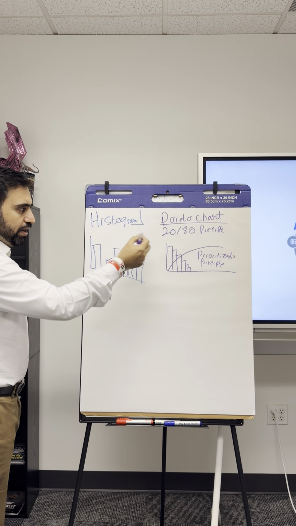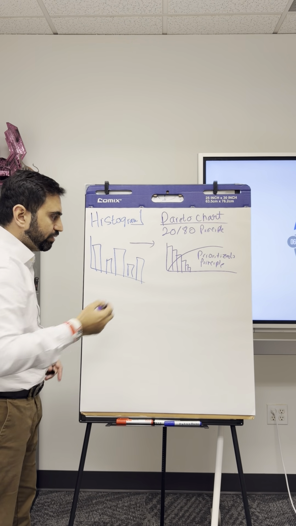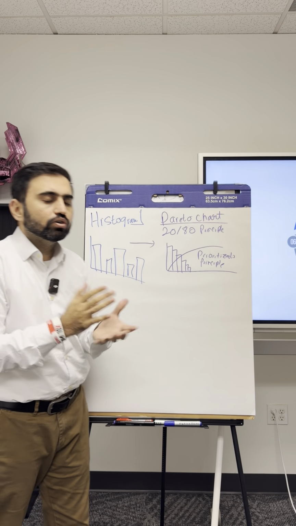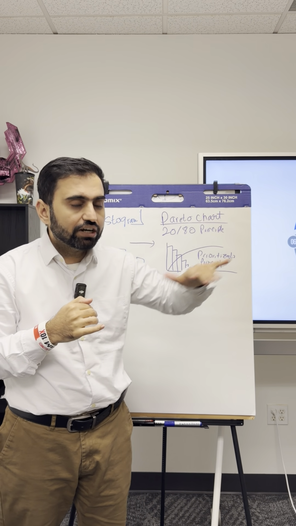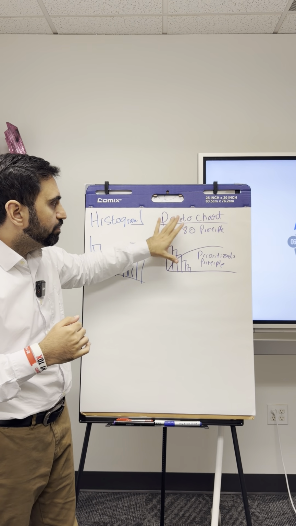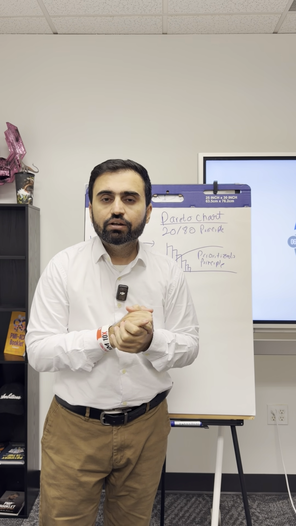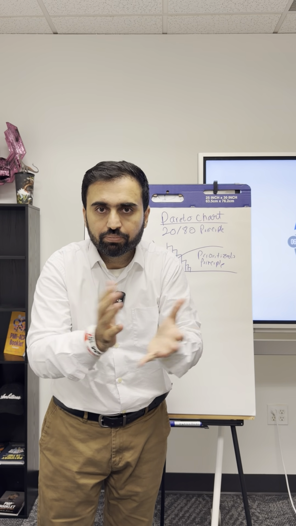The histogram just shows the data, and the Pareto chart builds on that. Now let's say we had 1,000 problems. Out of 1,000 problems, with the trend chart we can see them along the time. With the histogram we can plot them in a graph. With the Pareto chart we identify these are the 20%, or let's say these are 2-3 things that are actually causing the problem.